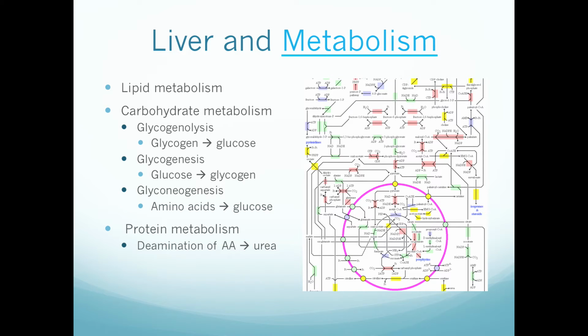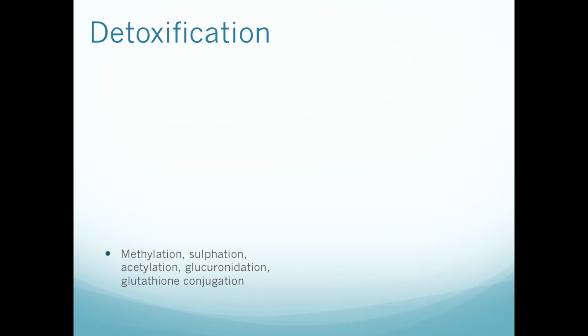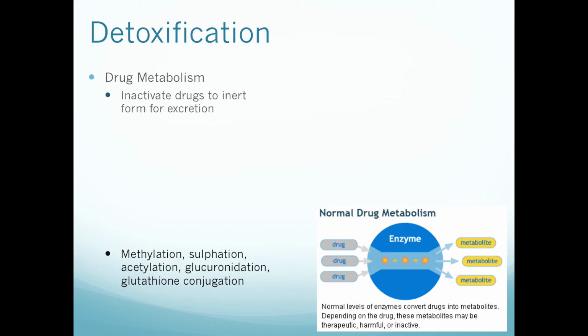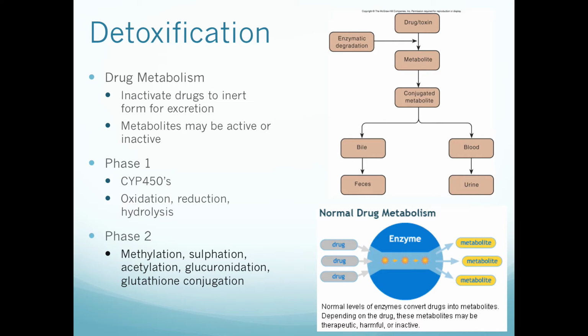You might also know that the liver metabolizes drugs. To make that simpler, I usually just call that metabolism, but we can call that detoxification. So when somebody's going on a detox diet or a juice cleanse, that's what your liver does. That's your liver's job, to detoxify things.